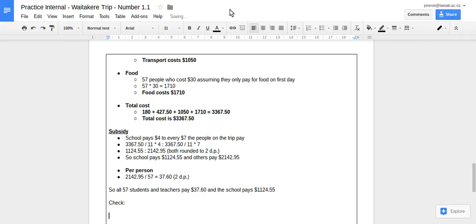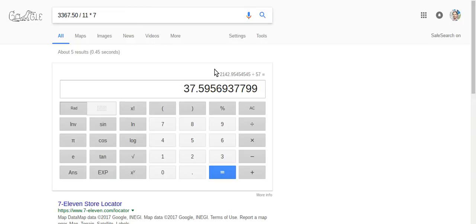So I've got $37.60 times my 57 people, and I'm going to add on my school, which is 1124.55. Right, and we have our total cost, which is 3267.75.